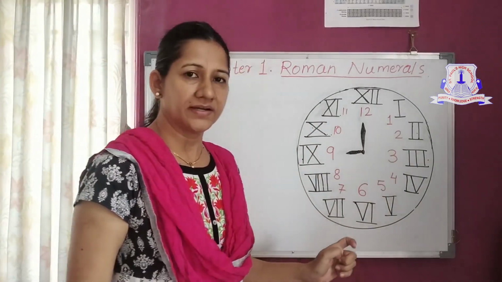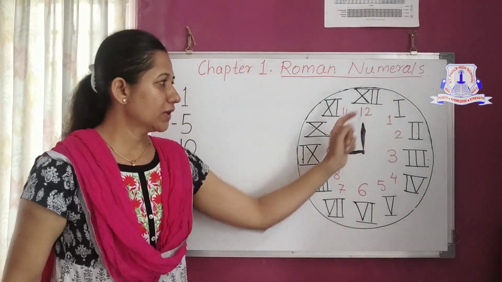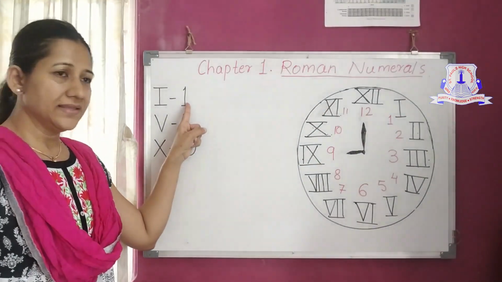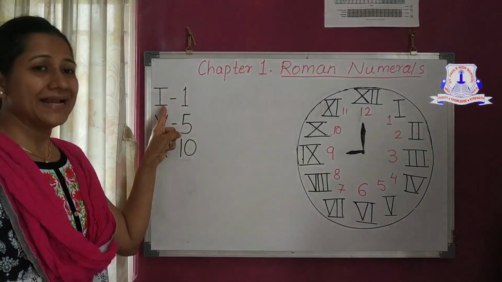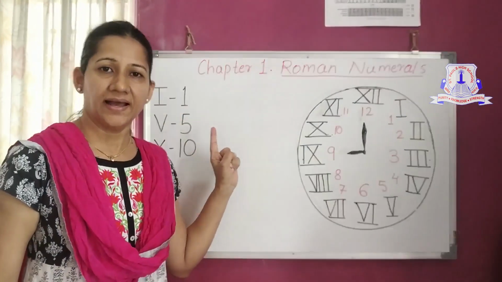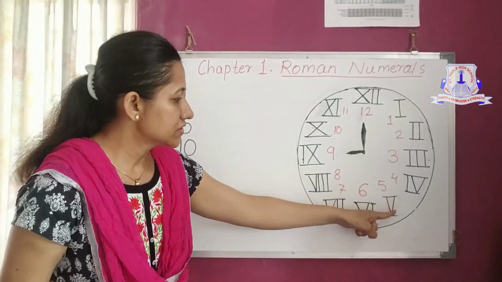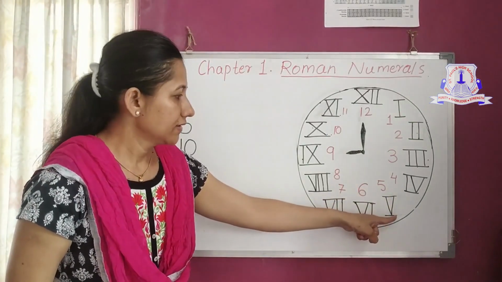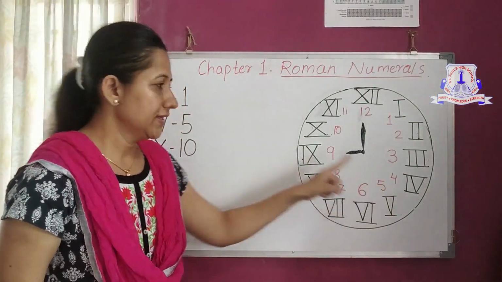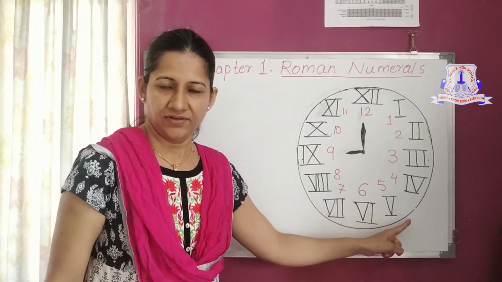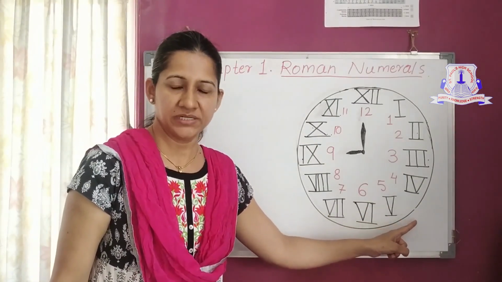From this you can make out that number 1 is represented by letter I, capital I. Number 5 is represented by letter V, the English alphabet you have studied.